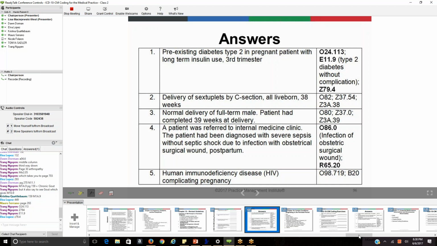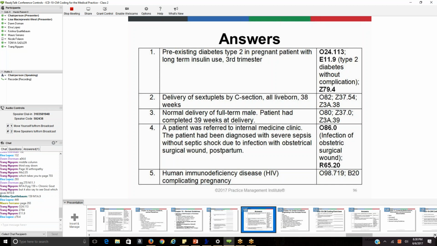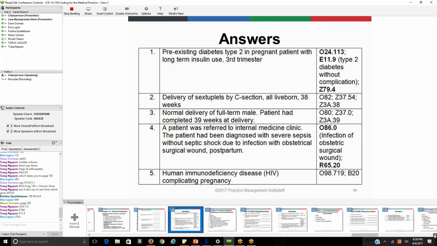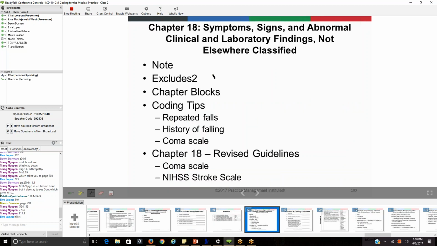So with all of that said, and I know that's a mouthful, let's move directly to Chapter 18, because I just want to make sure you're comfortable with the signs, symptoms, abnormal and clinical findings not elsewhere classified.